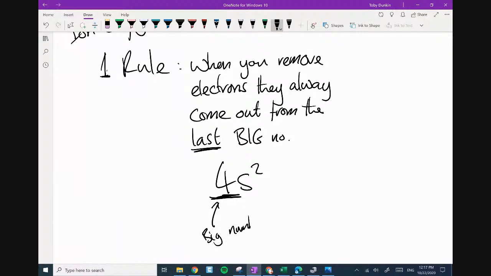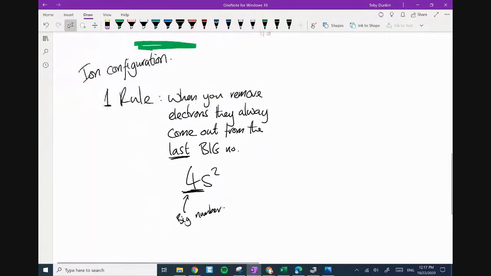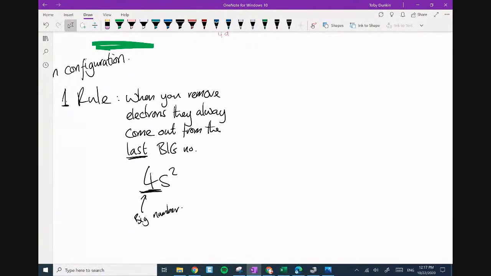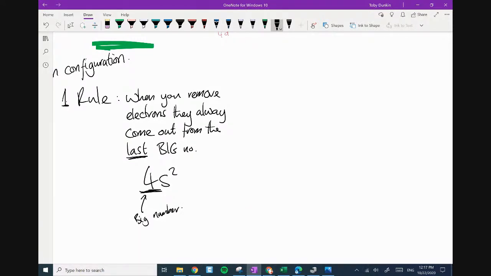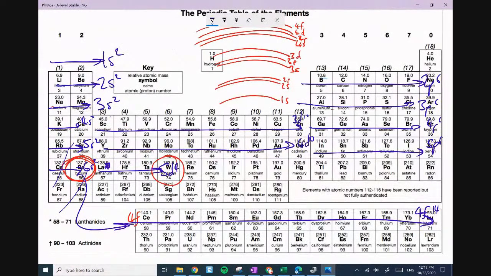So let's explain what this means. We're just going to use this one rule, that's it. We're going to remove electrons from someone. Let's start off with our transition metals because I need to get you guys used to getting bigger and bigger ECs.